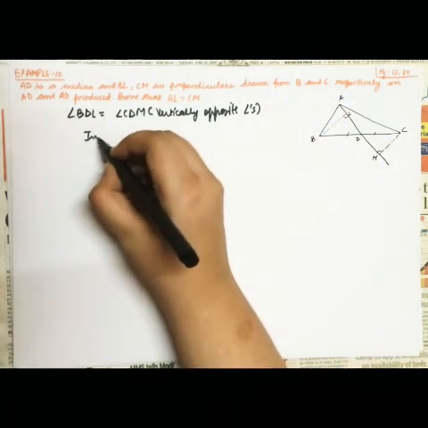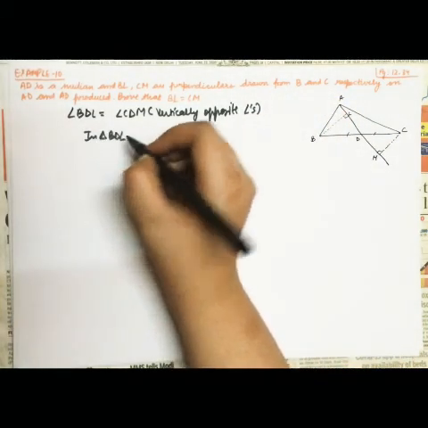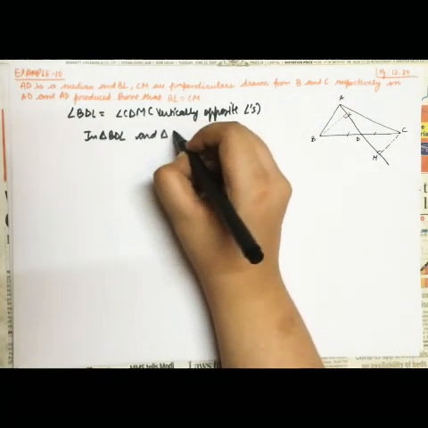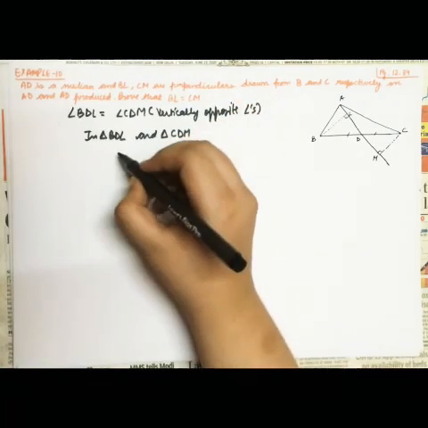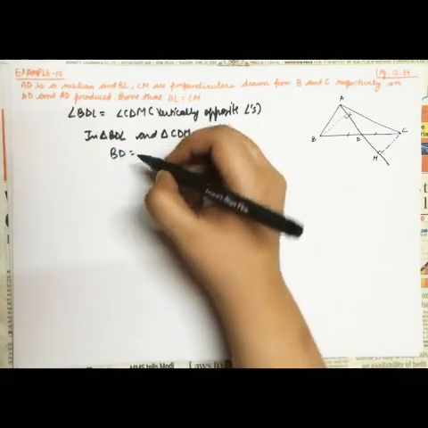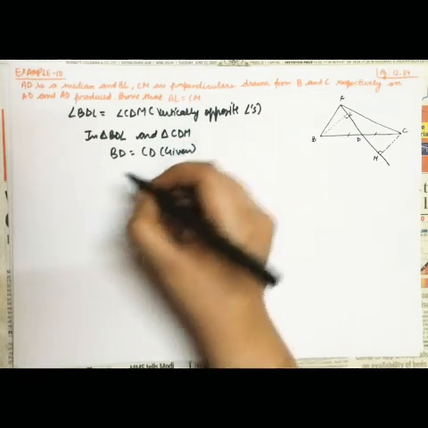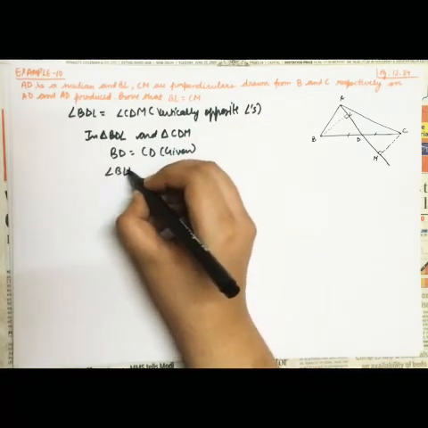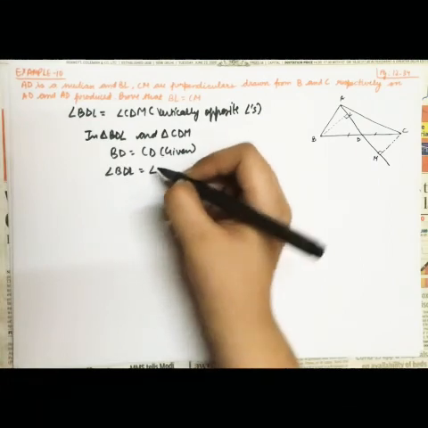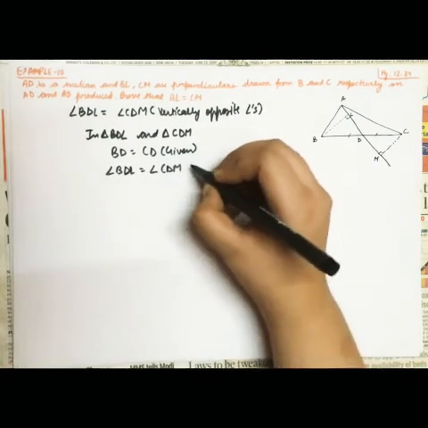So now in triangle BDL and triangle CDM, BD is equal to CD as it is given to us, and angle PDL is equal to angle CDM, which we have proved.